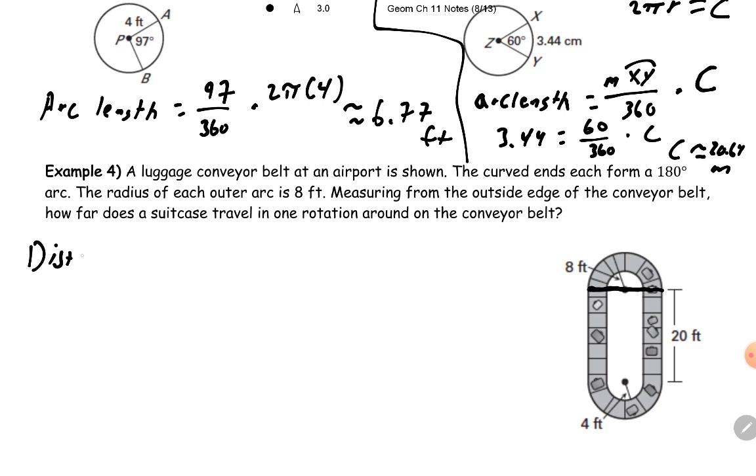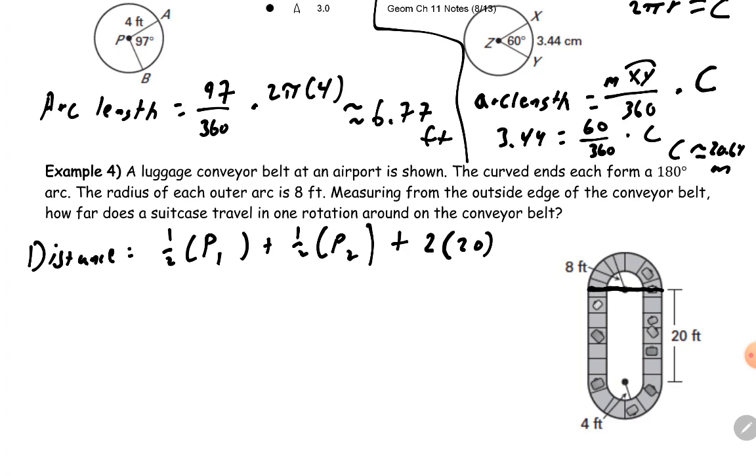So our distance here is 1/2 the perimeter of circle 1 plus 1/2 the perimeter of circle 2, which would be the outer edges, plus 2 times the straight distance of 20. And that'll give us our distance.